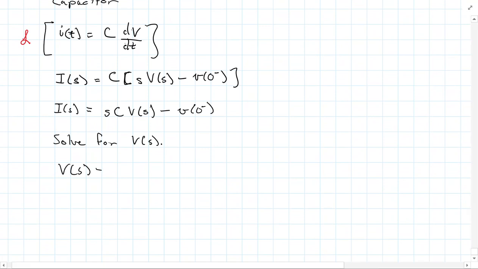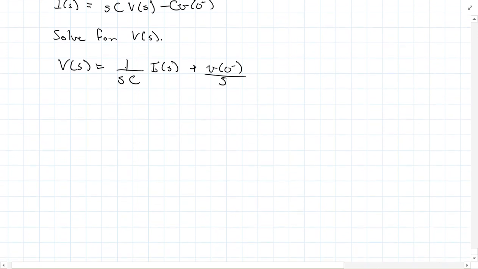So you get V at S is equal to 1 over S times C, I at S plus, oops, there should be a C there, plus V at 0 minus over S. And so what that means for a capacitor is, in the S domain, the capacitor is going to look like the following.